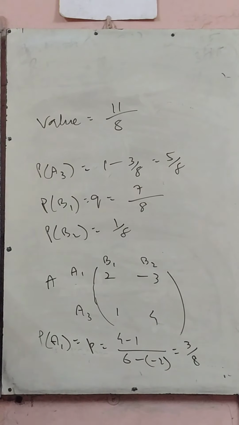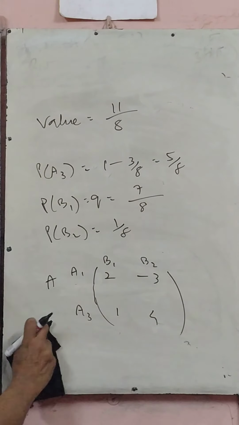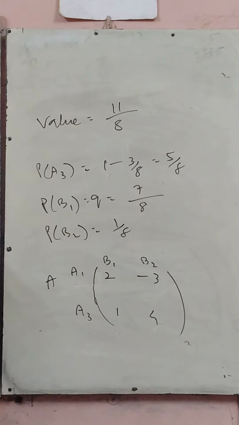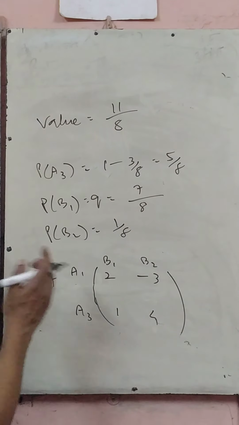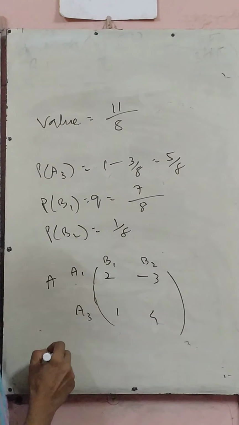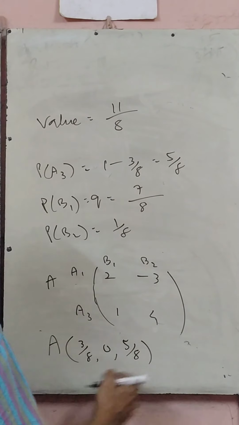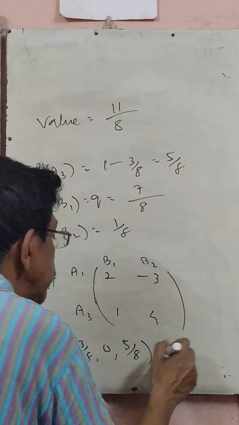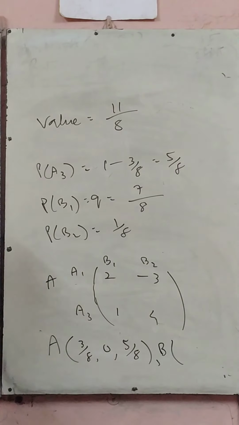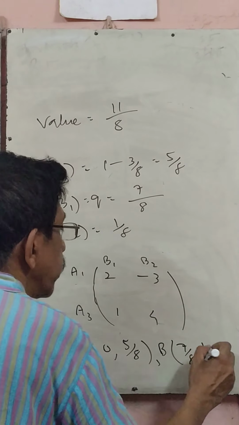So our answer, what is the final answer? The optimum value of the game is 11 by 8, and the corresponding strategies we can write for A1, A2, A3. A2 is 0, A1 we have found 3 by 8, that is, A's strategy will be 3 by 8, 0, 5 by 8, because A2 is removed, and the corresponding counter strategy for B will be 7 by 8, 1 by 8.